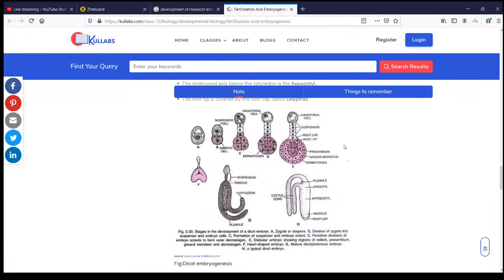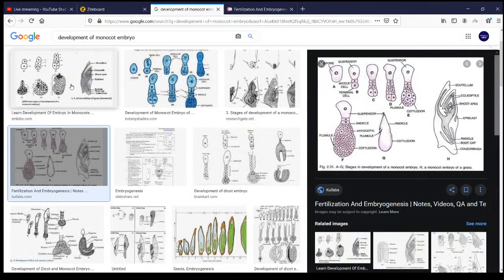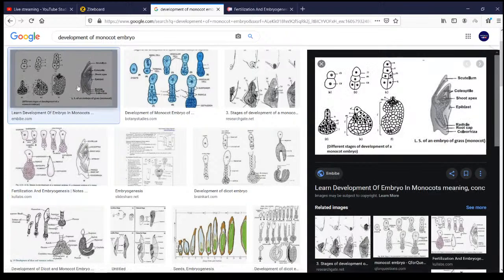You can see some diagrams where you will see the R cells and the L cell, the lowermost cell. Some books show the R and L cells. The R cells form the radicle.